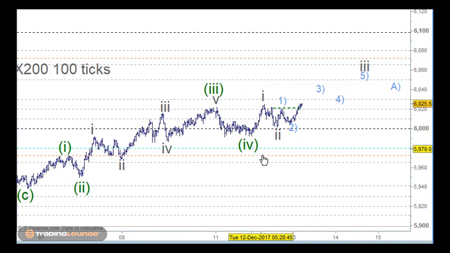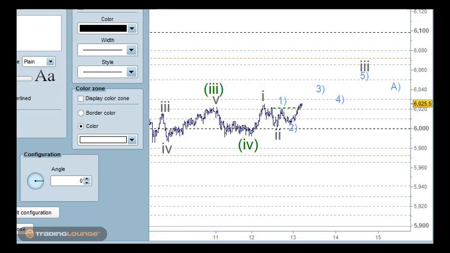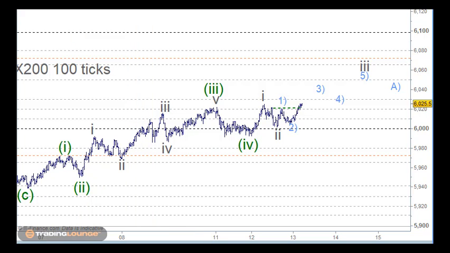With wave 1 here, now you can see a bit closer that we've got this ABC correction here, then up for 1 and back for 2 here, and going up here for wave 3, wave 4, and wave 5 will probably even take us higher here.